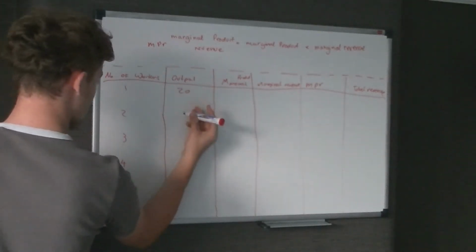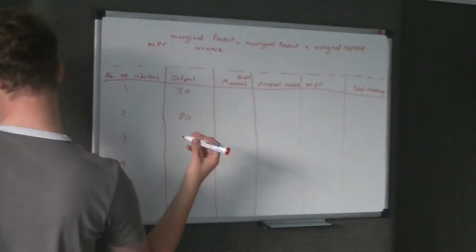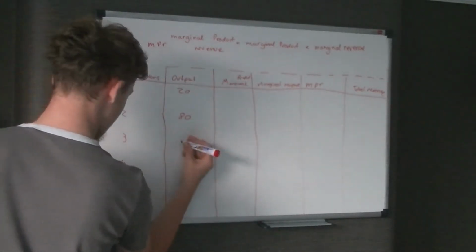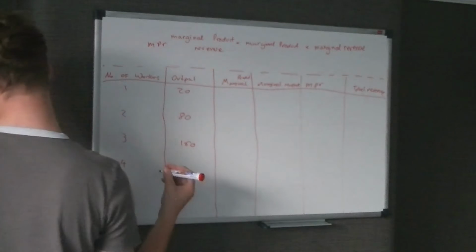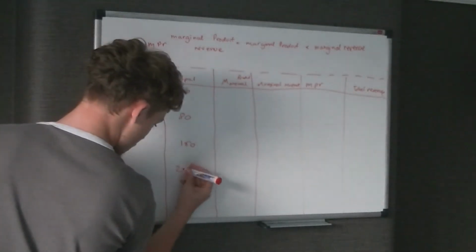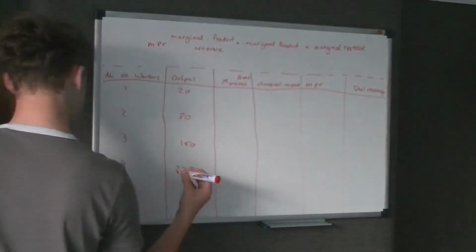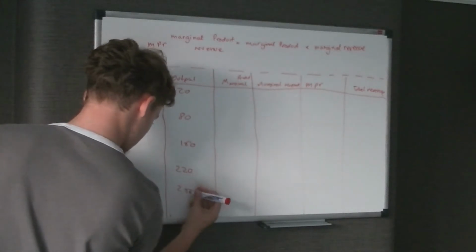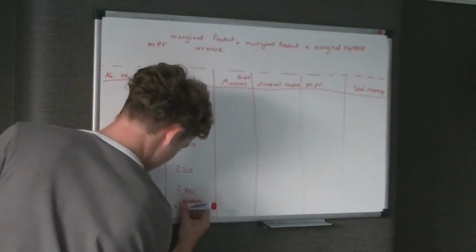For 2 workers, it's 80. At 3 workers, it's 160. At 4 workers, the total output is 220. At 5 workers, it's 260. And at 6 workers, it's 280.